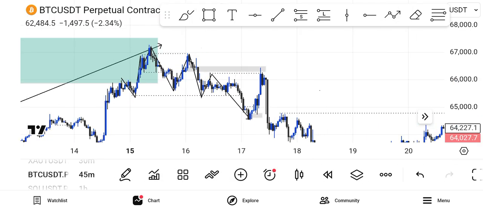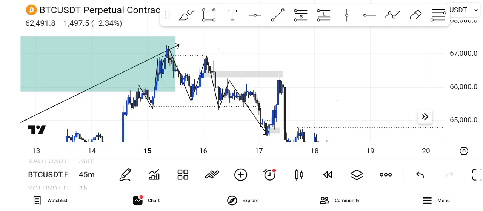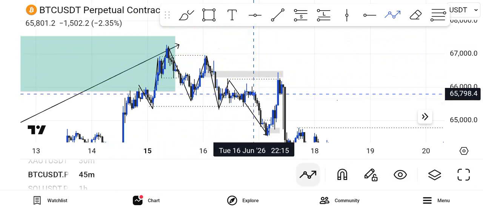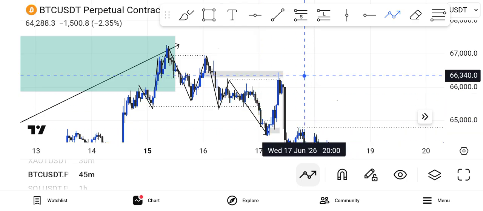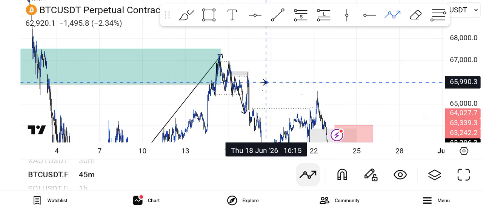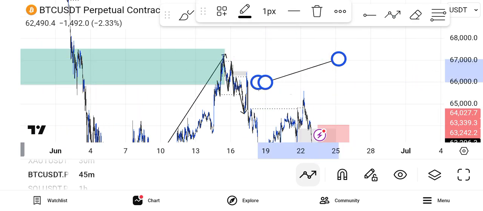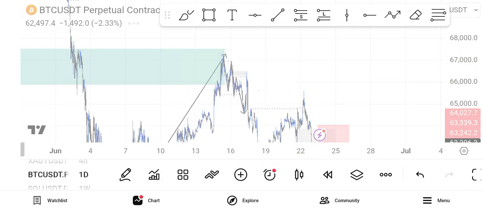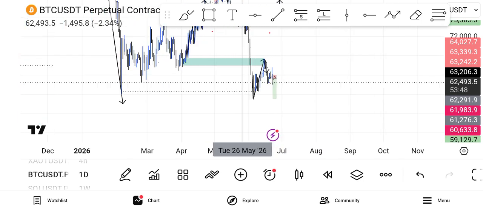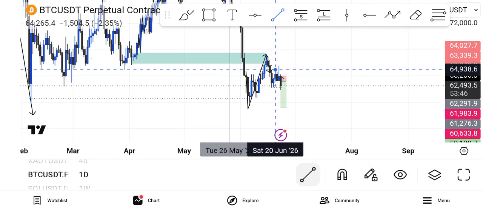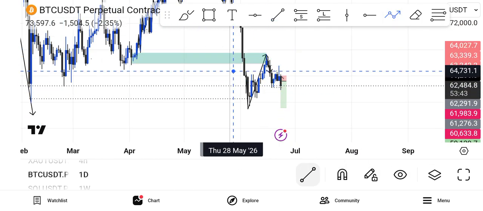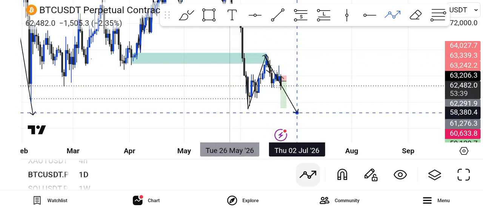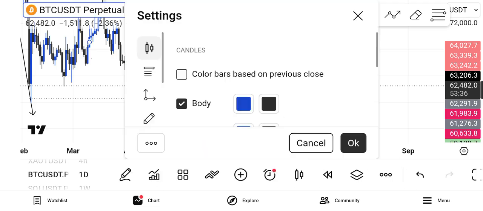So from this point, understanding that the market reacted from a point of interest on the higher time frame, I'm now interested to flow with this market all the way down, all the way to this point. Let's look at the point I'm interested to flow with the market to on the daily time frame. I'm now interested to flow with the market from this point all the way to take out this point for the market to just continue going down.